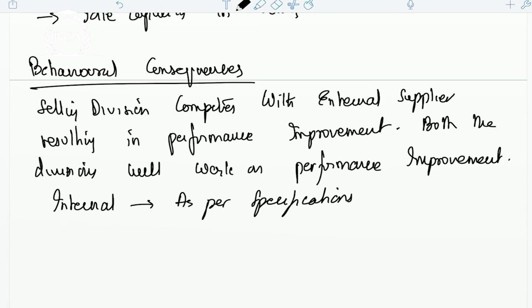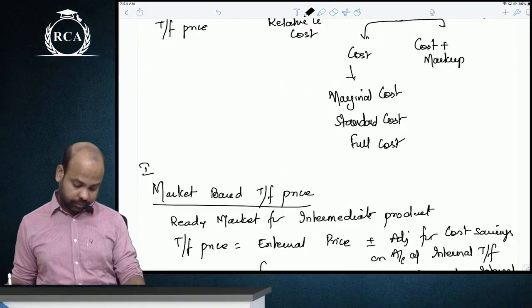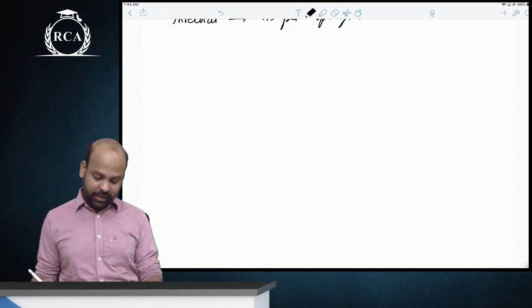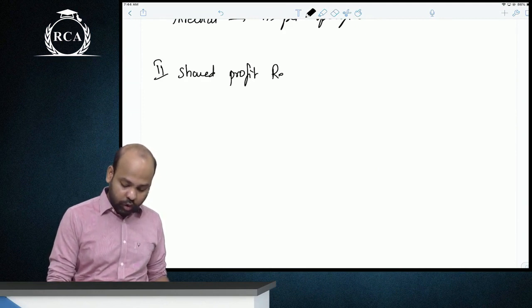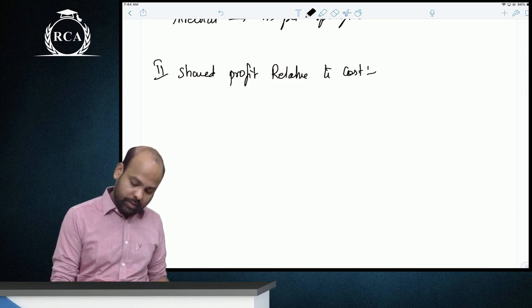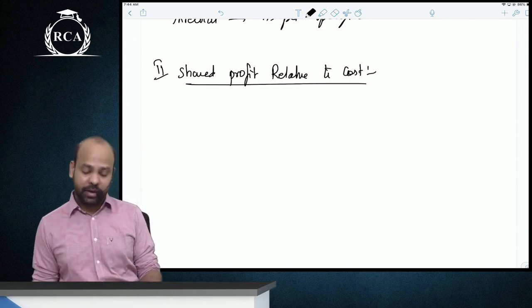Yes, guys. That was market-based transfer price. The second method is shared profit relative to cost. Pay attention, guys. This is similar to the market price method.